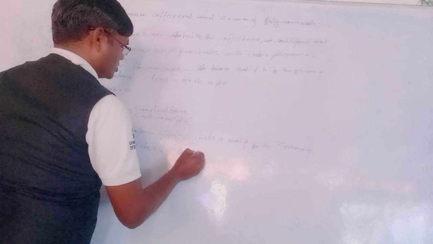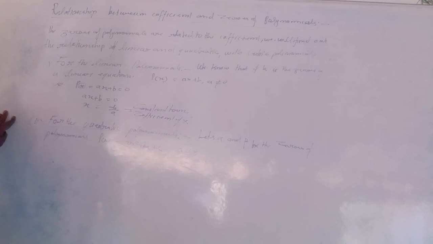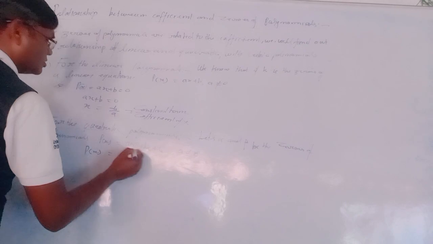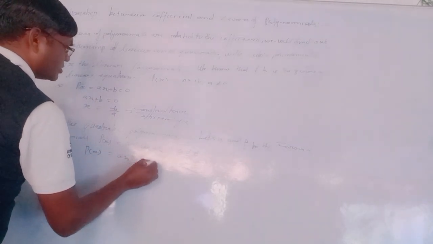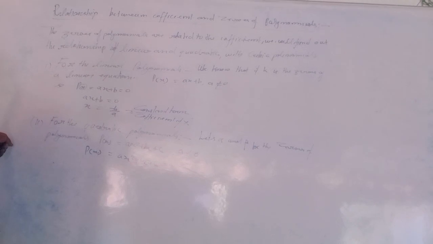Got it? This is the quadratic polynomial. If a is not equal to 0, then we can write here px is equal to ax square plus bx plus c, equal to 0. I hope you understood it.